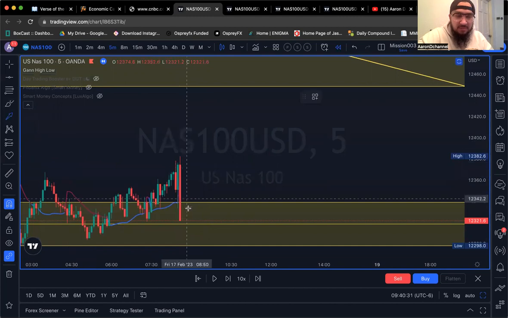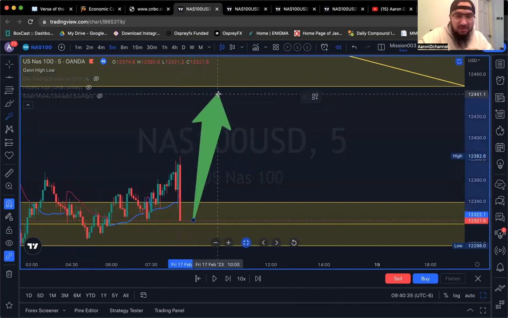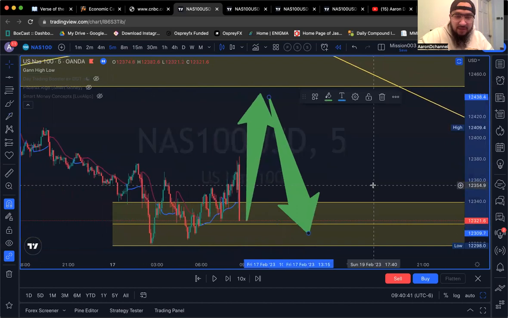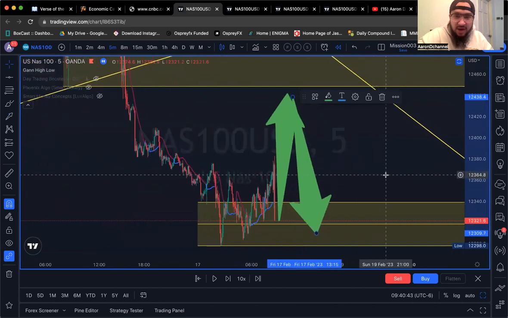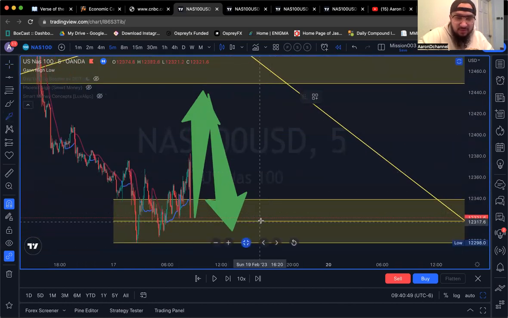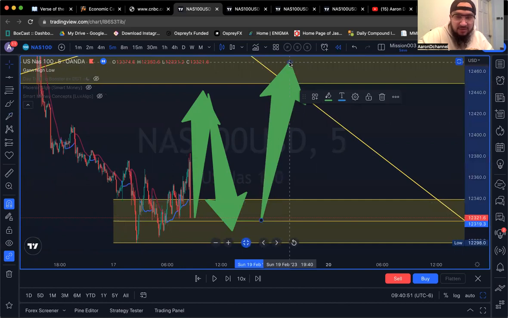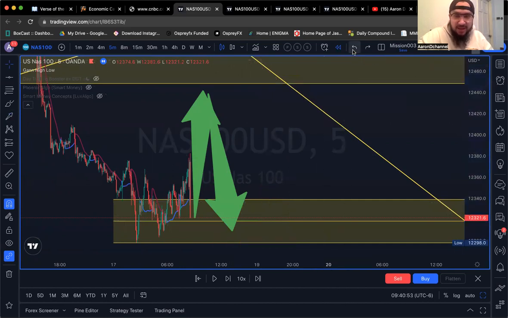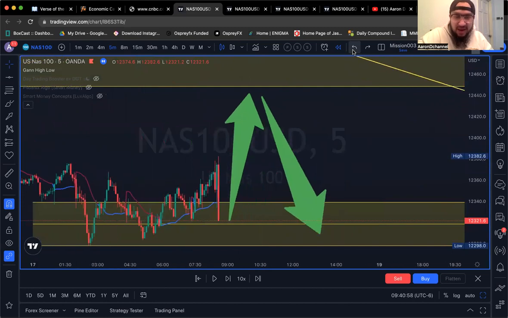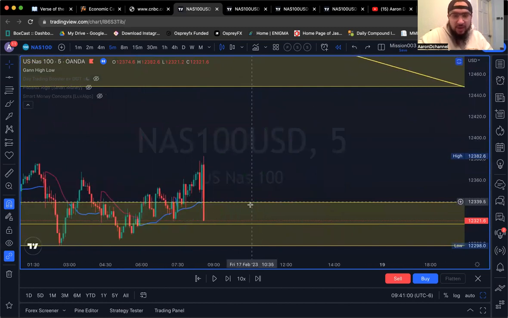My estimation is price comes up, does this kind of move, and then goes higher, because we are looking to go higher. That's the predetermined idea I have for the entire day, so I just have to sit and wait, basically.